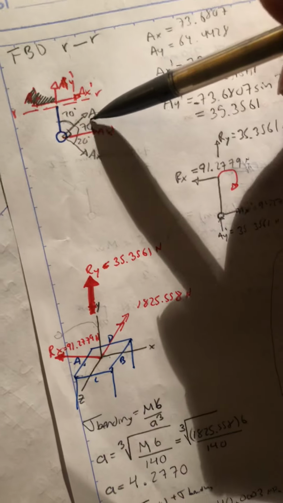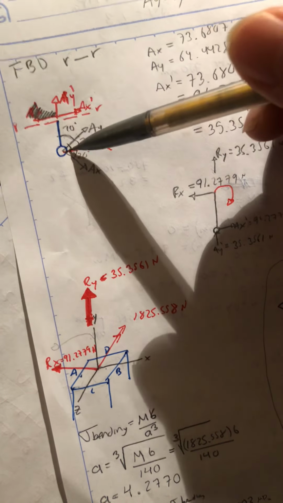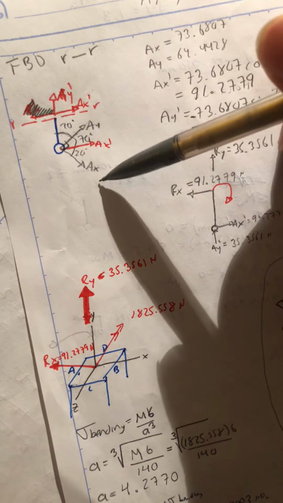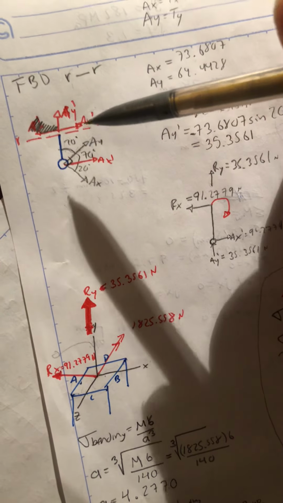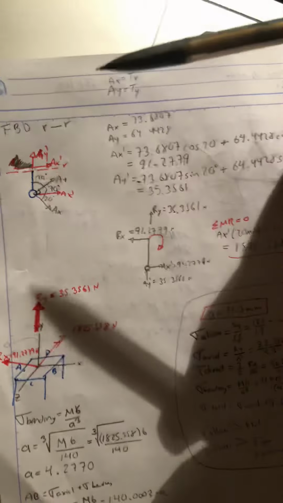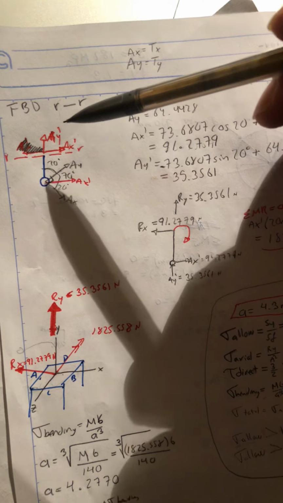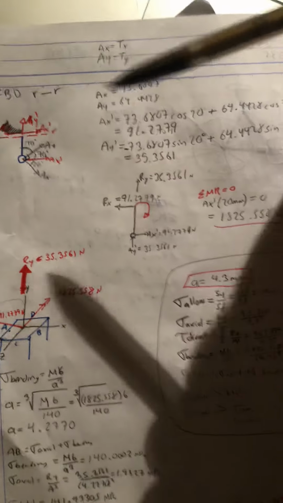So after we move the axis, we get Ay like this and Ax like this. Remember, there is 20 degrees here, so we need another Ax and another Ay, which will become Ay prime and Ax prime.